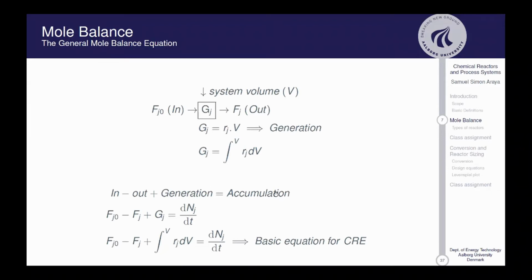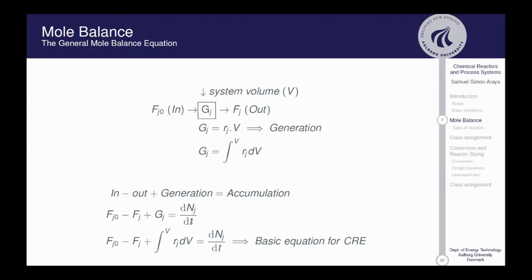This is generic. We don't always have accumulation, and we don't always have flows in and out either. But that helps us define the mole balance for each reactor based on the assumptions that we make for that reactor. For now, generally, this is our generic mole balance equation.